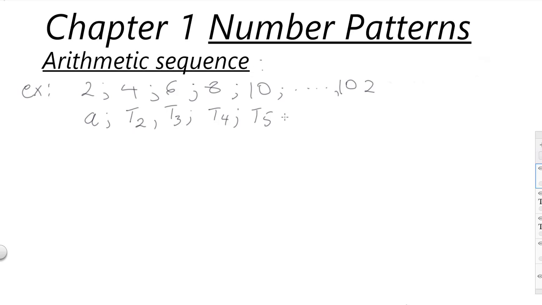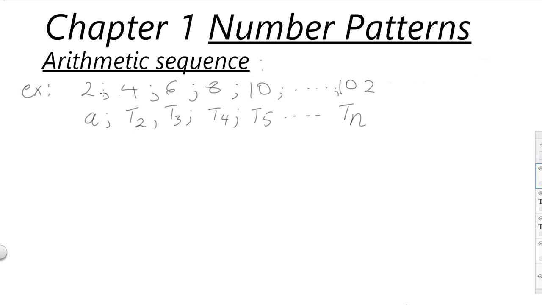When you look at this term, which we don't know, we call it what? Tn, okay? That is the unknown term. So, when you look at each number, we add 2. We call it a common difference.